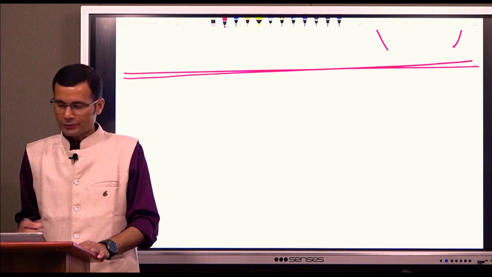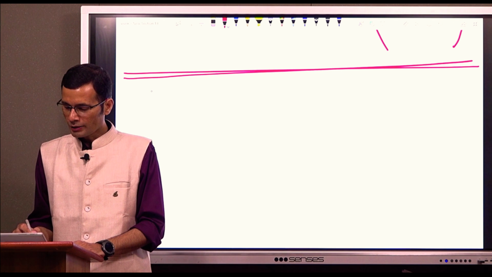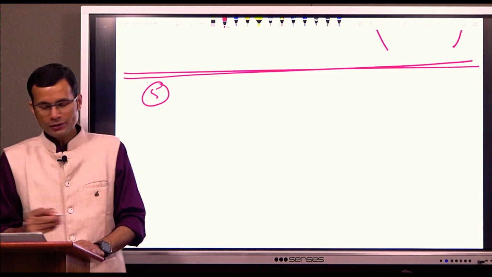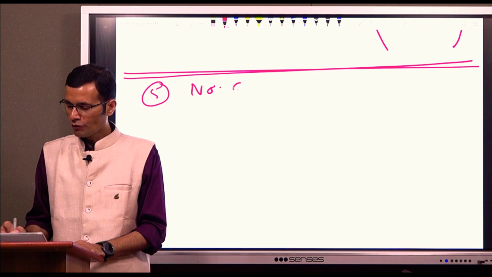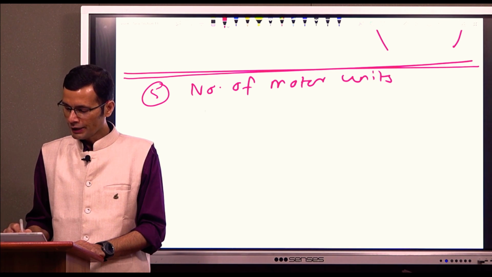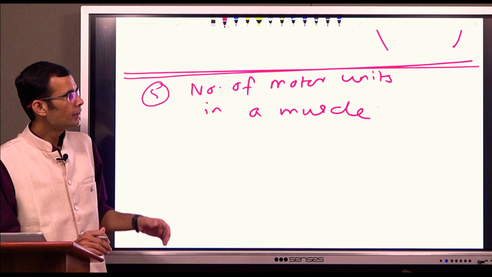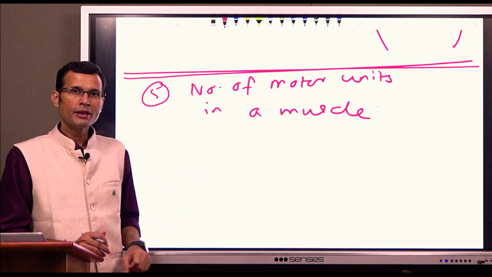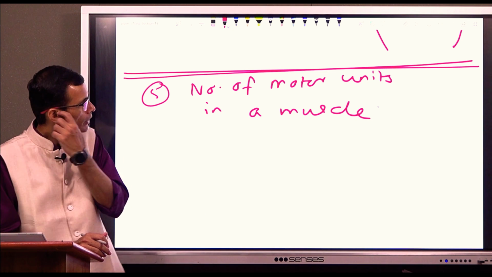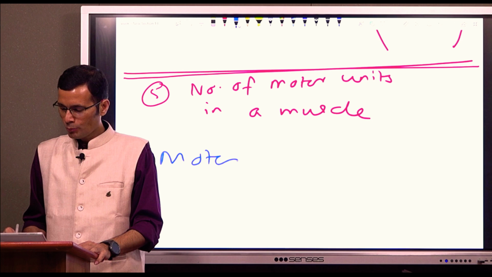That is another factor. Now, the last two factors are just related to each other. Number of motor units in a muscle, and the last factor will be number of muscle fibers in each motor unit. So let us define the motor unit first. What is a motor unit?